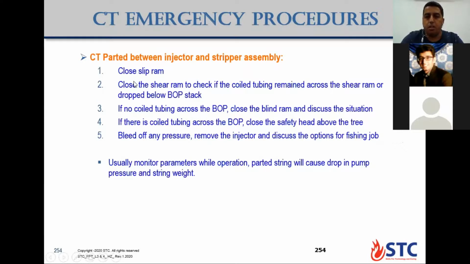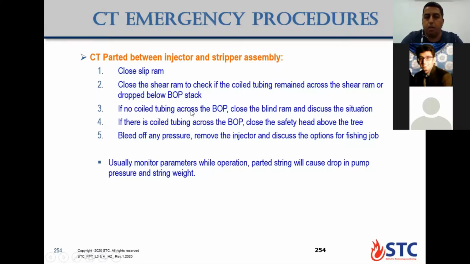So first, you will close the slip ram, so you hang the string. Close the shear ram. Second, check if there is coil tubing remaining across the shear ram or dropped below the BOP.